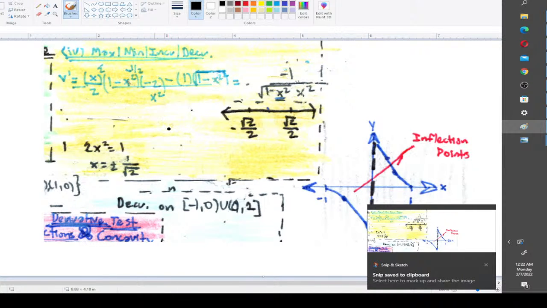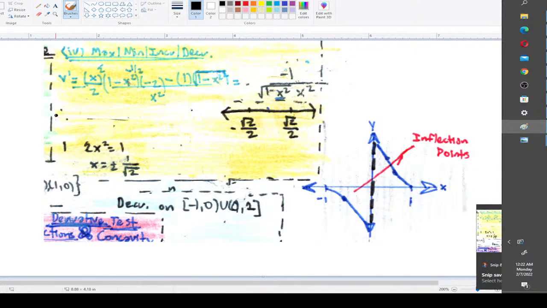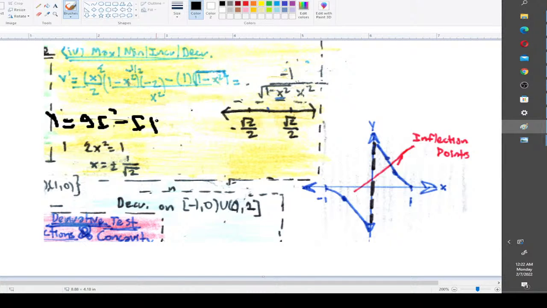There's more than one way to get the answer. You could do product rule or you can do quotient rule. I use quotient rule because I felt like it was going to be the most simplistic one for me. In case you forgot, the quotient rule for differentiation is g f prime minus f g prime over g squared. And then I did the work up here for the first term.